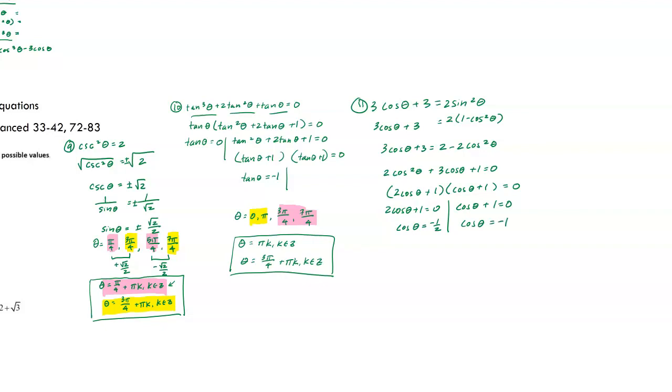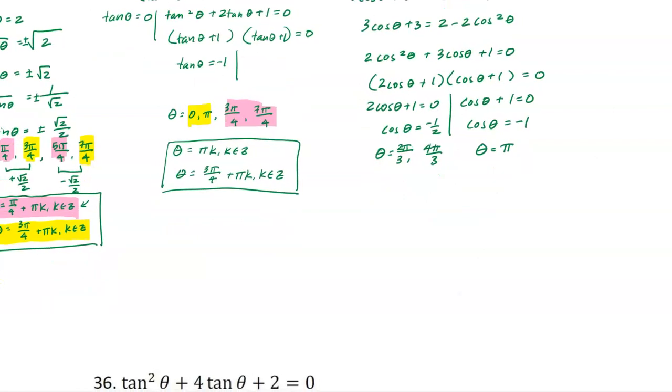Okay, so for cosine of theta to be negative 1/2, you're going to have theta equals 2 pi over 3, 4 pi over 3. For cosine to equal negative 1, that's going to be just pi. Okay, 2 pi over 3 and 4 pi over 3 are not pi distance away from each other.